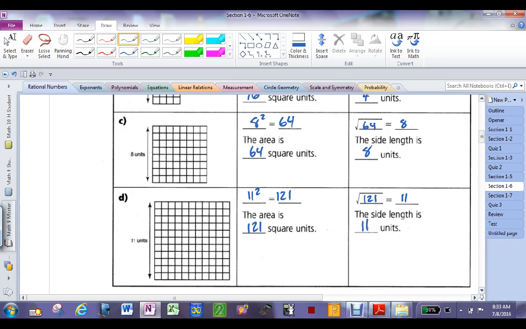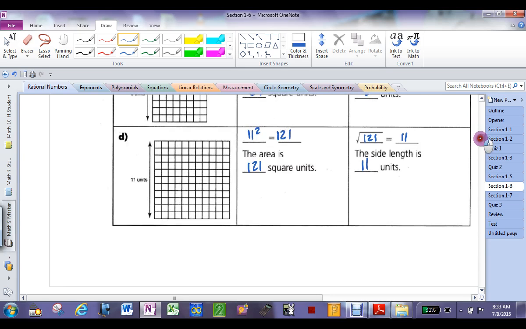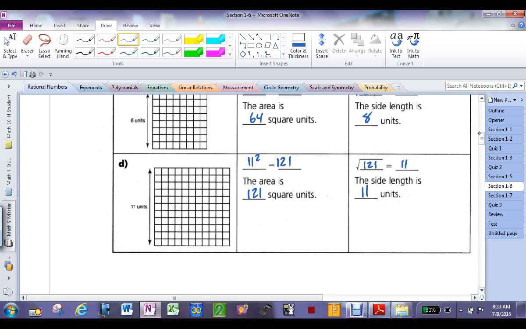Yeah? Okay. How many people had to get their calculator out for 11 times 11? How many people waited until I wrote 121 and then wrote it down? Okay. Everybody good? I can move on to the next page?